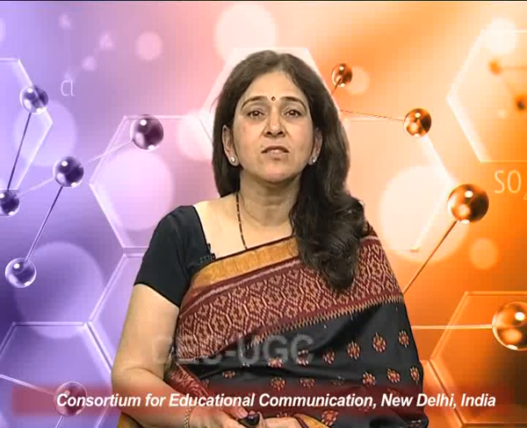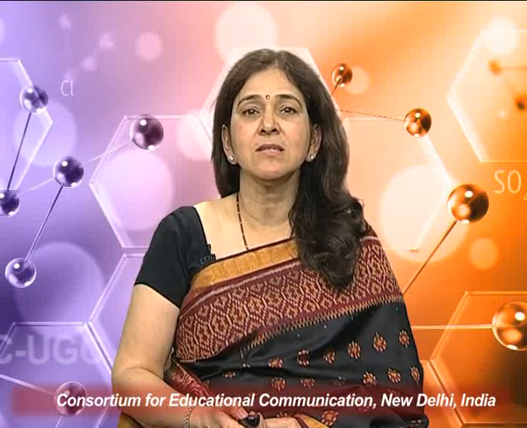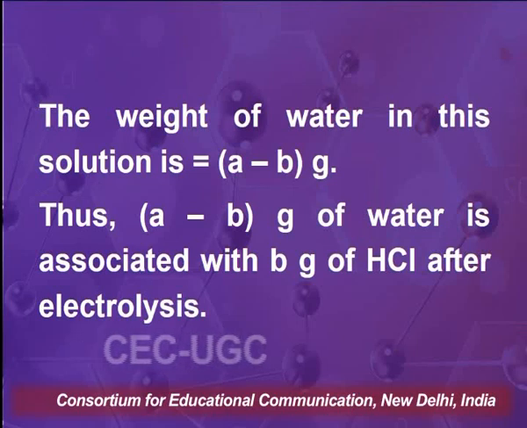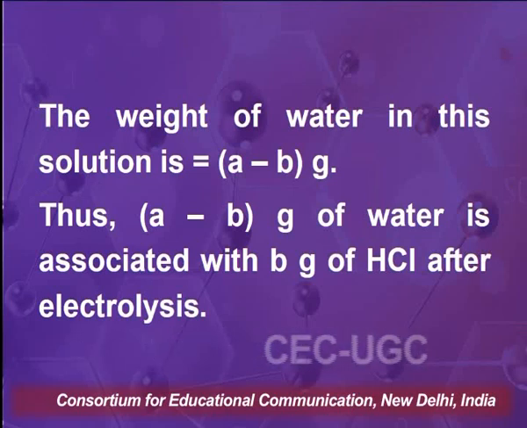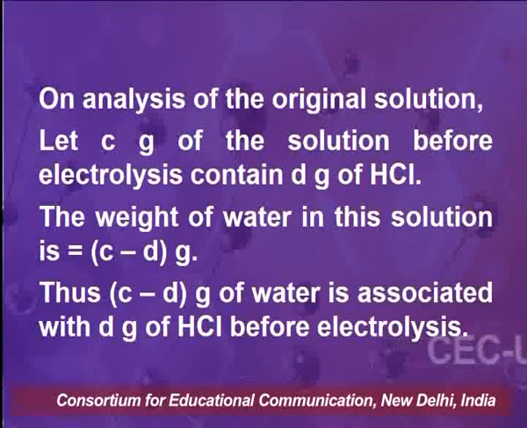Let the cathodic solution of the electrolysis of HCl using platinum electrodes be analyzed, and let A gram of cathodic solution after electrolysis contain B gram of HCl. The weight of water in this solution will be equal to A minus B grams, and thus we can say that A minus B grams of water is associated with B grams of HCl after electrolysis.